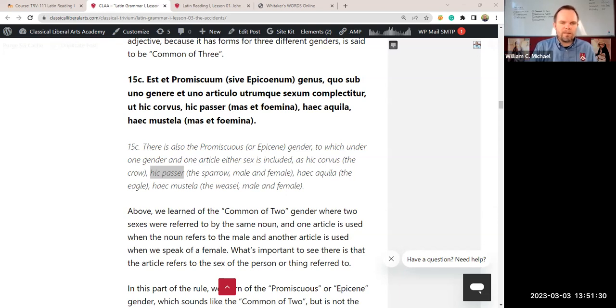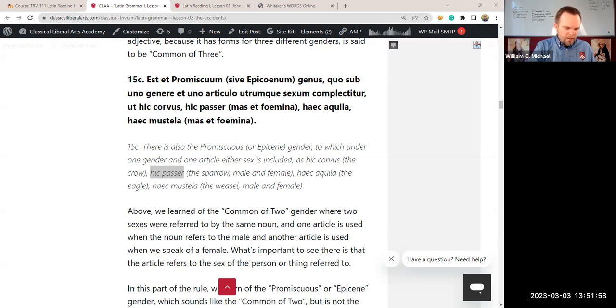But this is different, okay? It's different because if I talk about the male sparrow, I would say hic passer, the male sparrow. But if I wanted to talk about the female sparrow, I would not say haec passer. I would say hic passer again, which is weird.